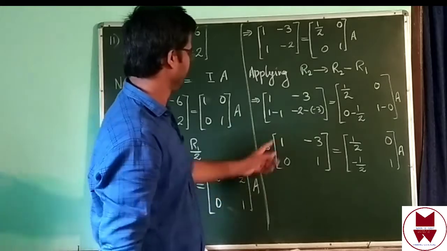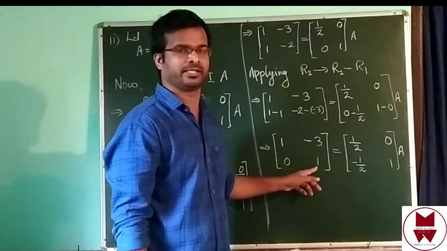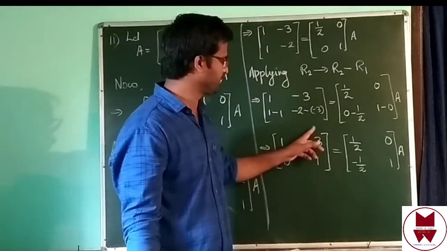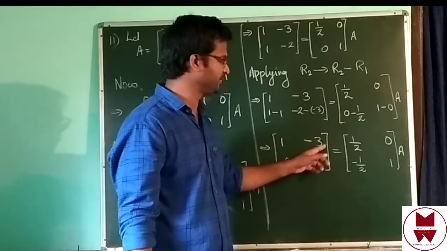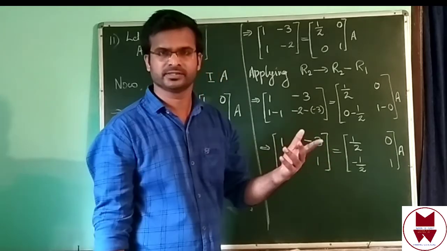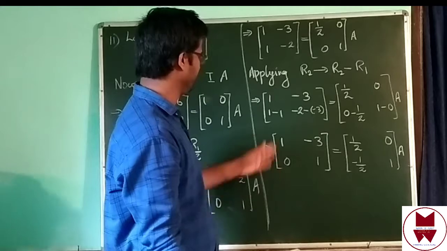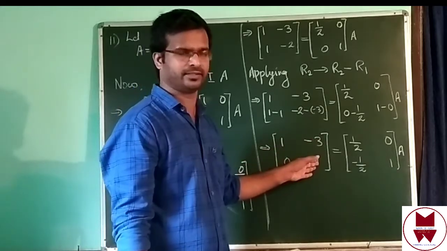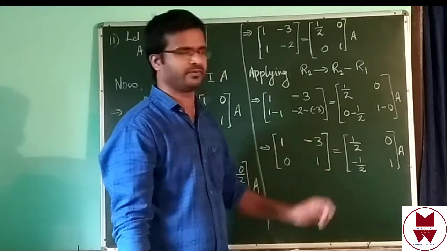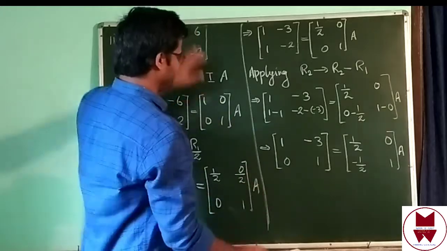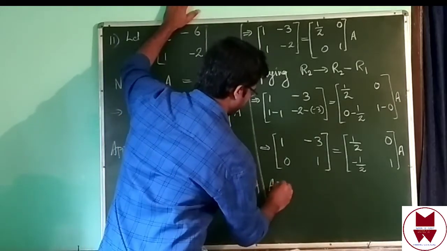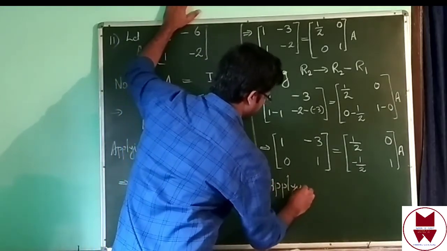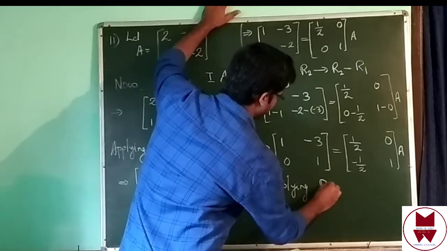Now check it. 1 got it, 0 got it. Here 1 automatically came, isn't it? No need to change. Then remaining, in the place of minus 3, which number do we need? We need 0, isn't it? Then only you will get the identity matrix 1, 0, 0, 1, like that. So in the place of minus 3, we need 0. For that, applying R1.